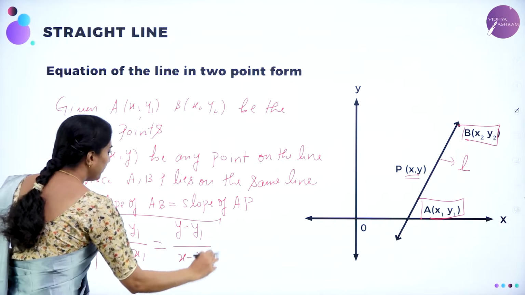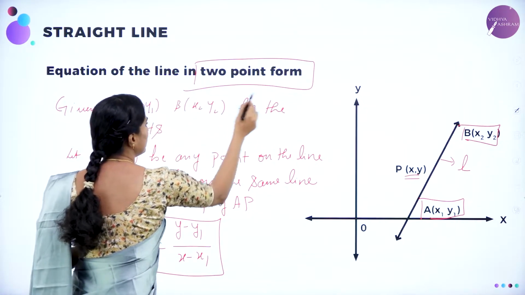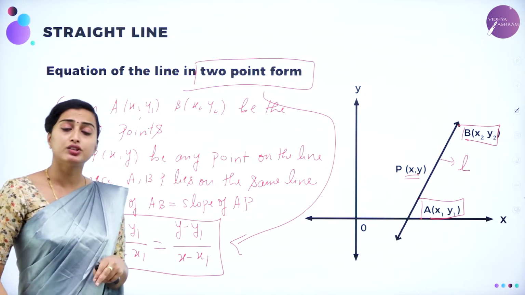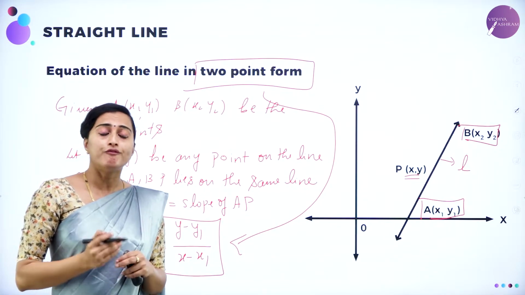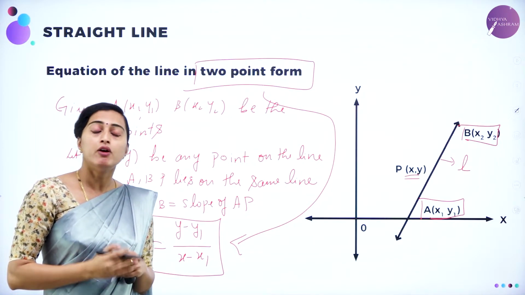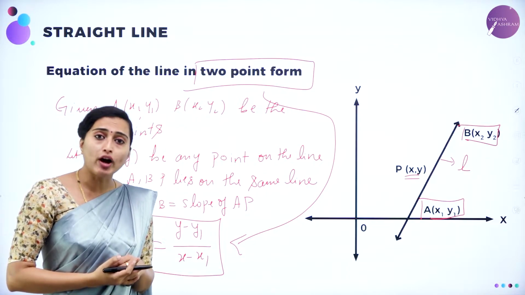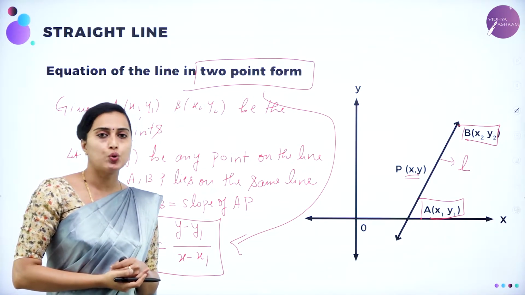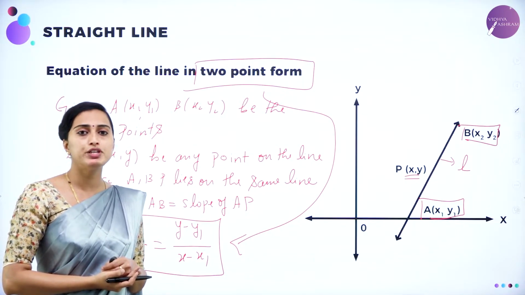This is known as the two-point form, and this is very important. So the two-point form is given by y2 minus y1 divided by x2 minus x1 equals y minus y1 divided by x minus x1. The slope-point form is given by m into x minus x1 equals y minus y1. All these formulas you have to remember, dears.